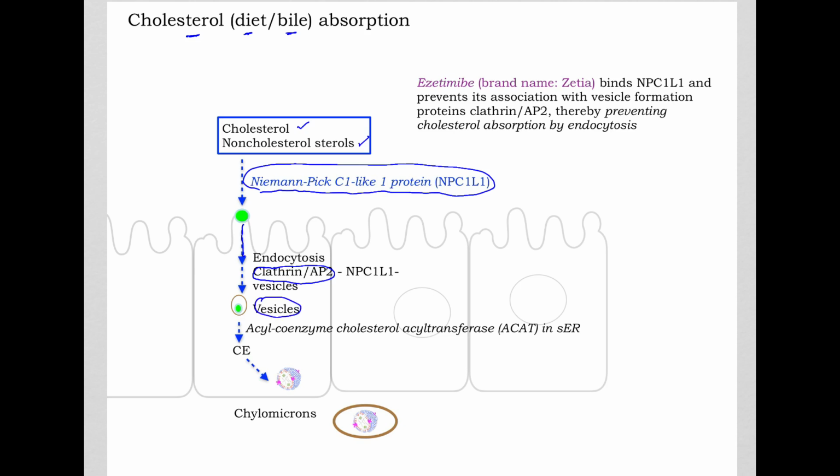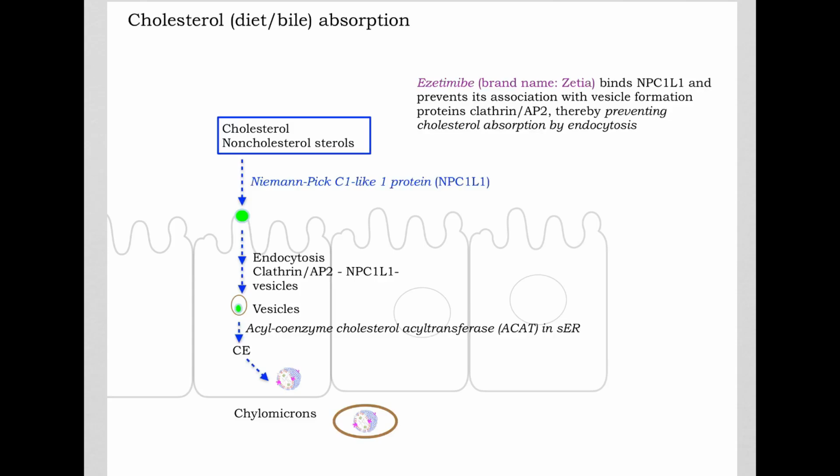So this cholesterol complex to the NPC1L1 will be in the vesicles, and the cholesterol then will be esterified. Fatty acid will be attached to it to form cholesterol ester, and this is done by the enzyme acyl coenzyme A cholesterol acyl transferase, or ACAT, and this happens in the smooth endoplasmic reticulum. The cholesterol ester is then packaged into the chylomicrons, which are then sent out into the lacteal vessels.